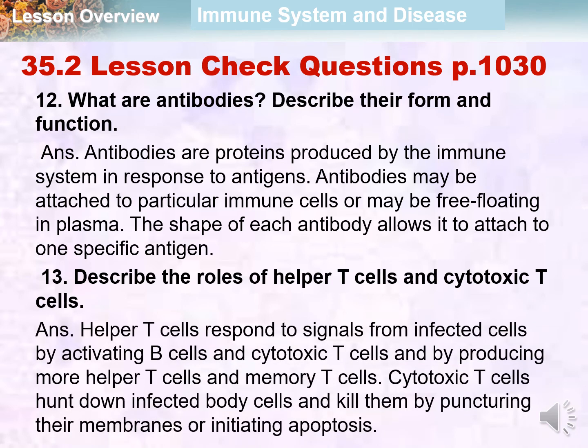The answer: helper T cells respond to signals from infected cells by activating B cells and cytotoxic T cells and by producing more helper T cells and memory T cells. Cytotoxic T cells hunt down infected body cells and kill them by puncturing their membranes or initiating apoptosis.